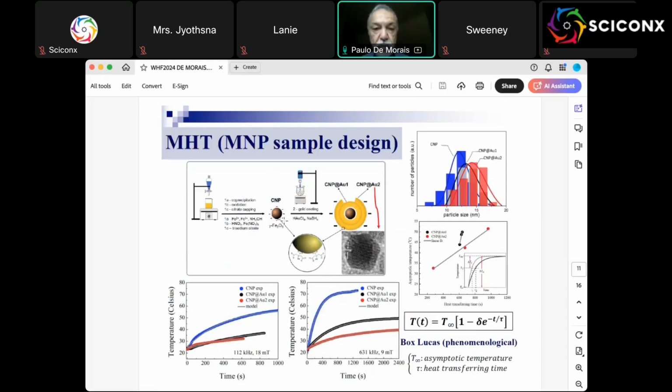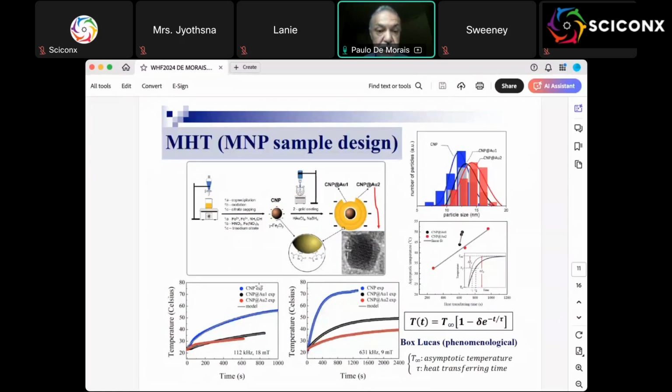Okay, when we perform magnetic hyperthermia with samples, we can, for instance, look at the response, the temperature versus time curve. On the left-hand side, lower part of my slide, I can show you the response when we are using a 112 kilohertz AC magnetic field and an amplitude of 18 millitesla.